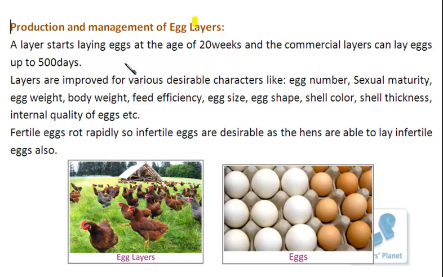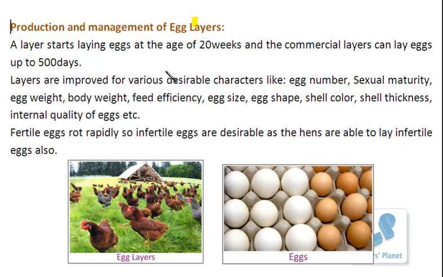Initially, there is a growing stage. During the growing stage, up to sexual maturity, the care taken is quite different from the time when it starts laying eggs. So these phases should be considered while planning the management of the egg layers.